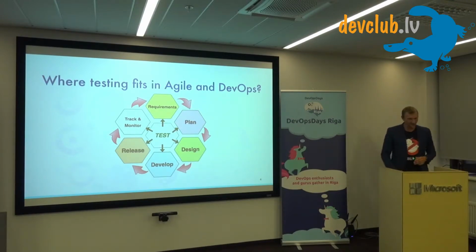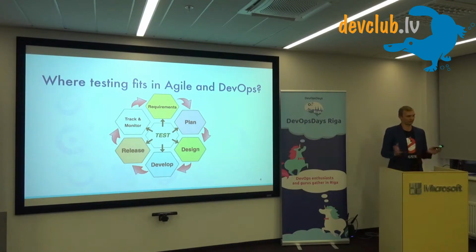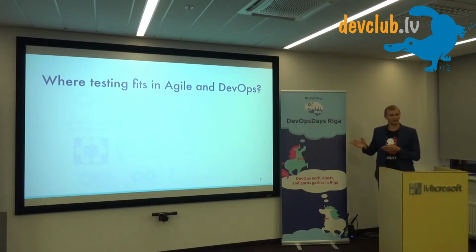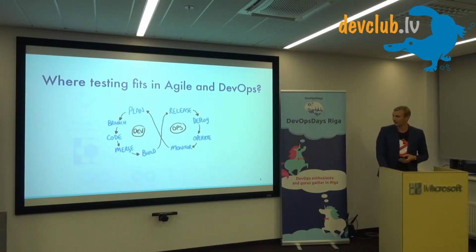I also looked for what's happening with DevOps lifecycles. I googled what the most popular DevOps lifecycles are and how the testing role is described there. I found one good simple diagram created by Dan Ashby.